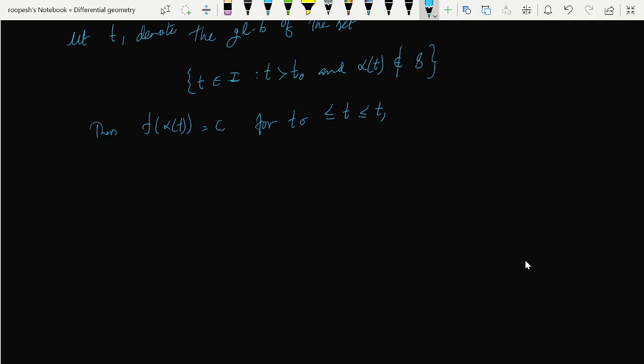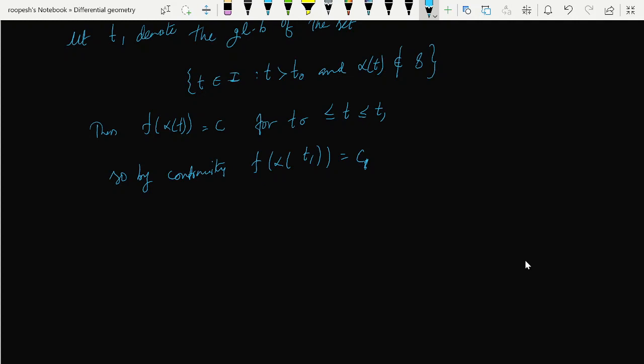So by continuity, f of alpha of t1 should also be equal to c.